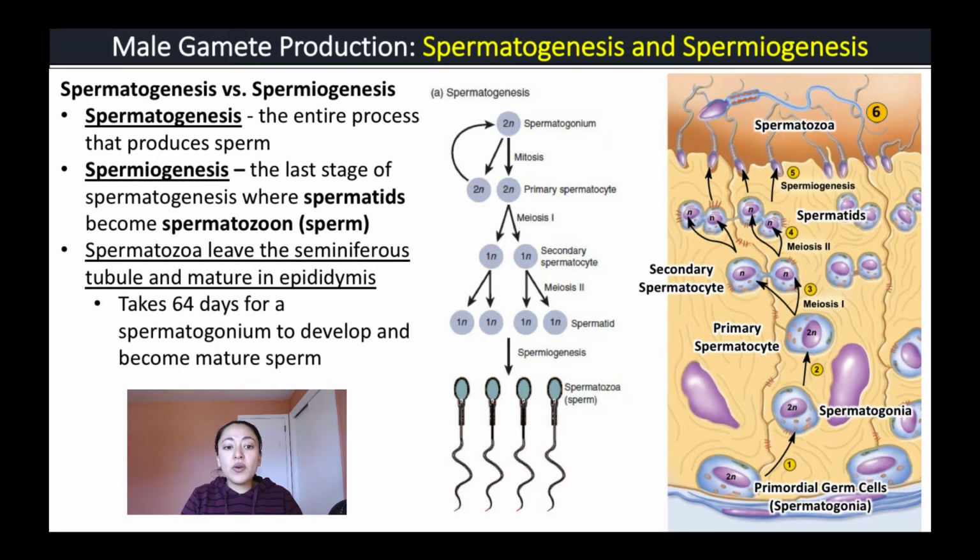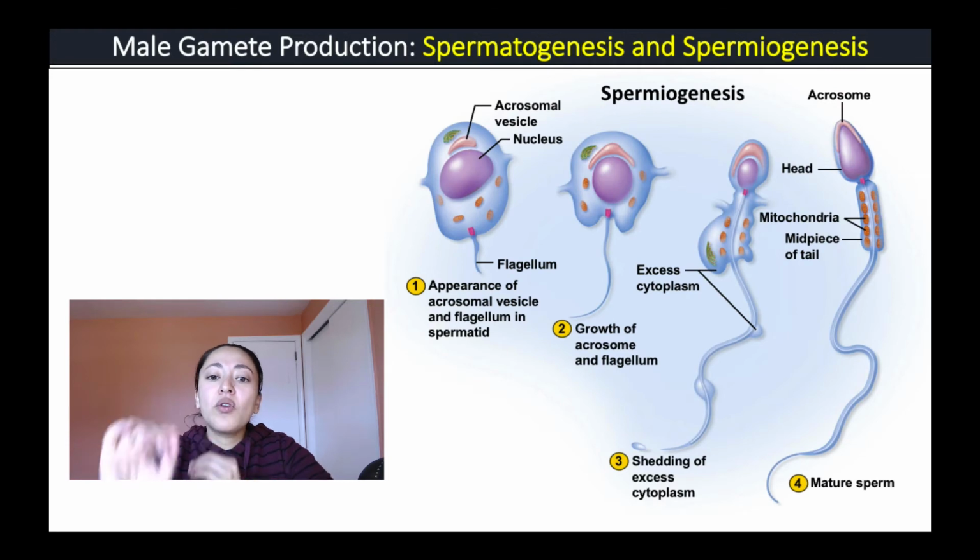The spermatozoa, once they form, are going to leave the seminiferous tubules and go to the epididymis where they will mature. It actually takes 64 days for a spermatogonium to develop and become a functional mature sperm. So let's look a little bit more at this process of spermiogenesis.